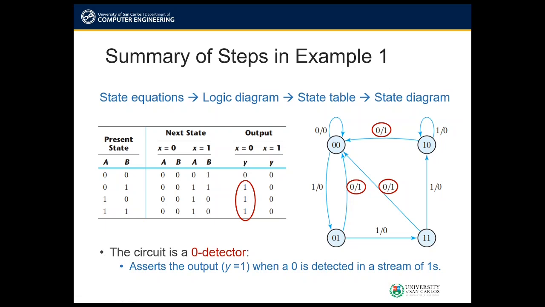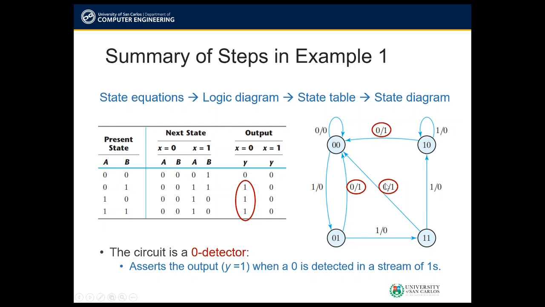So if you analyze the transitions of the different states in the state diagram, you can see here that the output would become 1 if you are in states 01, 11, or 10, and the input is 0.